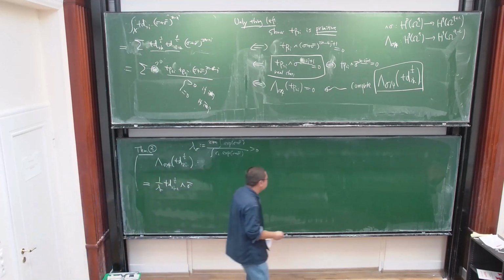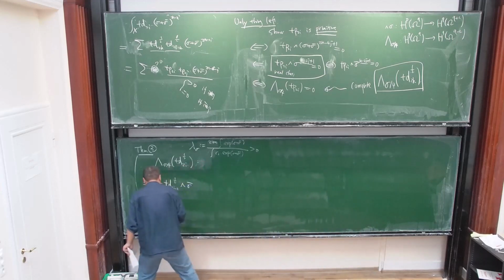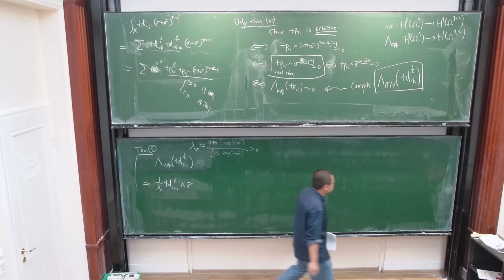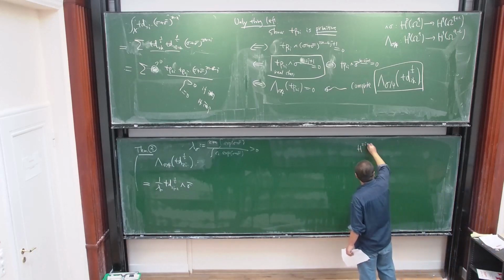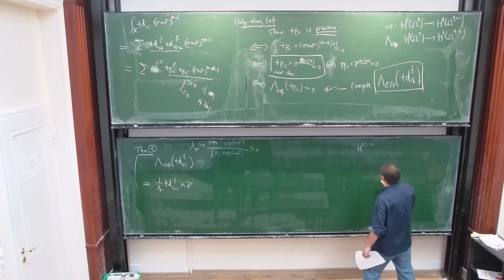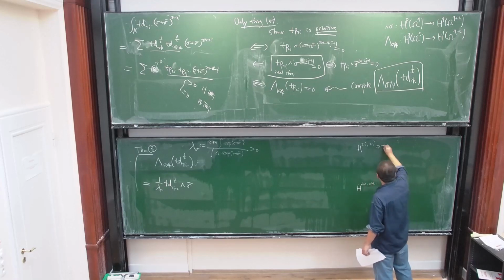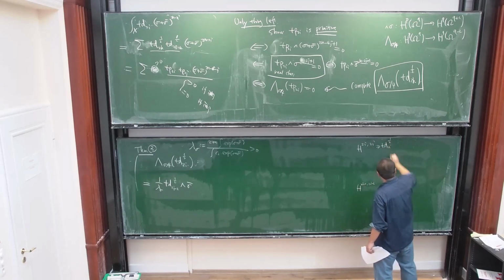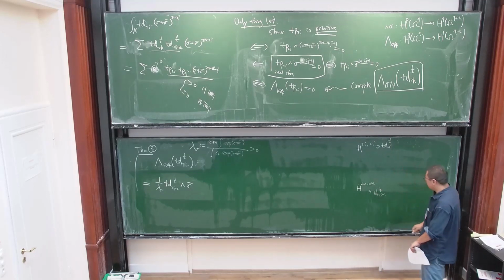So let me draw a picture here. Here we have this H^{2i}, and we have H^{2i-2}, and the Todd root lives here, and this Todd root lives here, right?